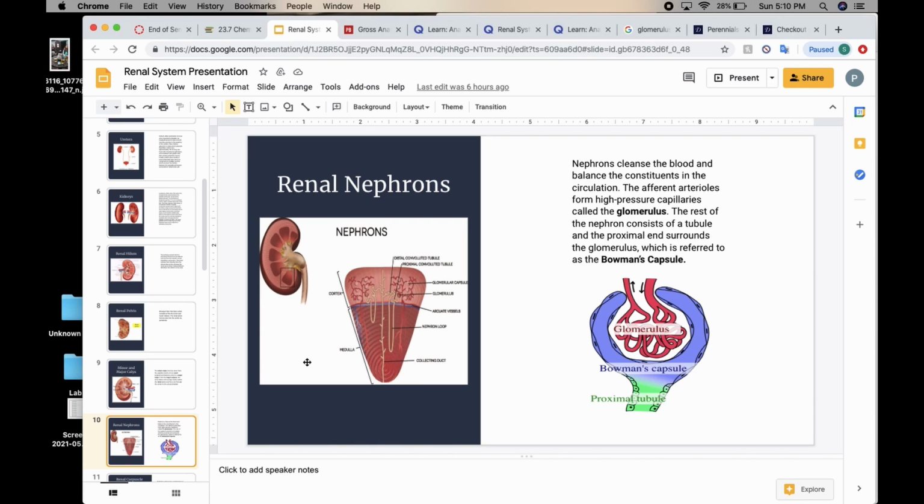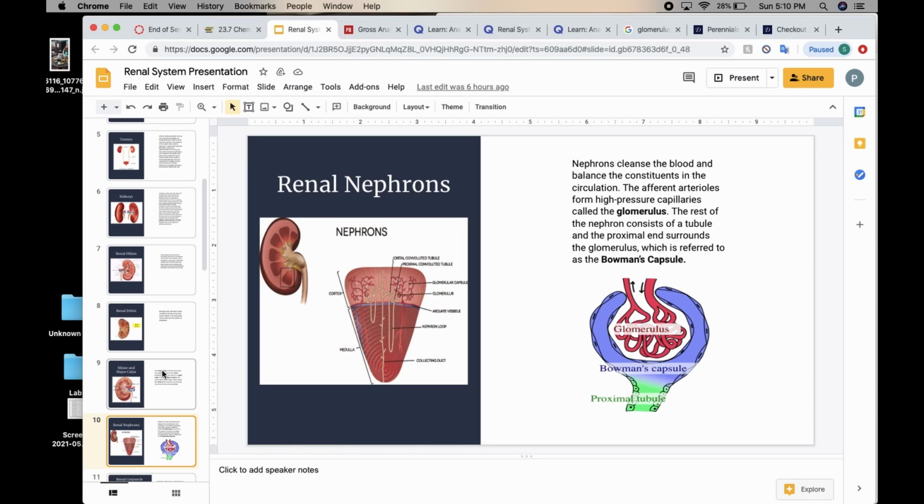The glomerulus and Bowman's capsule form the renal corpuscle, and once you pass the renal corpuscle, the capillaries form the efferent arteriole, which is at the distal end of the nephron tubule, which includes peritubular capillaries and the vasa recta. These networks recover solutes and water and return them back to circulation.